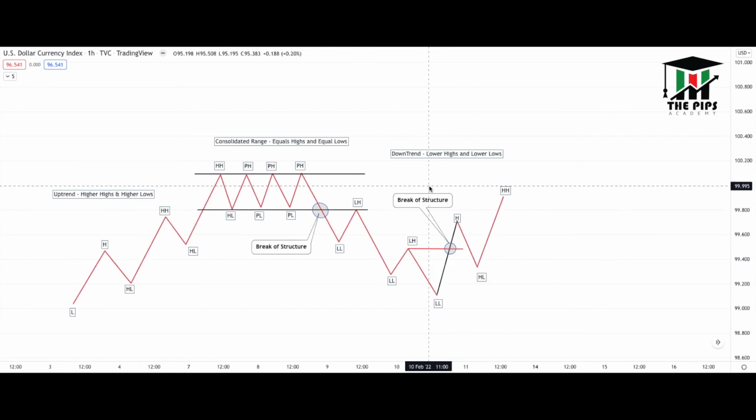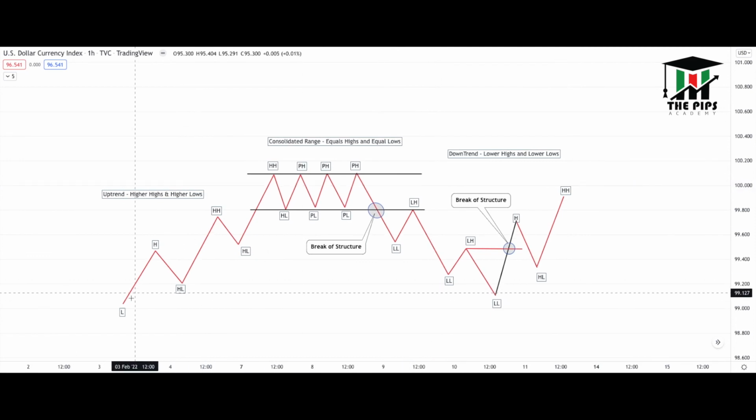Okay, so let's recap, you guys. In an uptrend, we have higher highs and higher lows. When we move to a consolidated range, this does not mean that the up structure has been broken, because it's still producing previous highs and previous lows, until the last higher high is broken, which is that leg of structure continuing to go up.